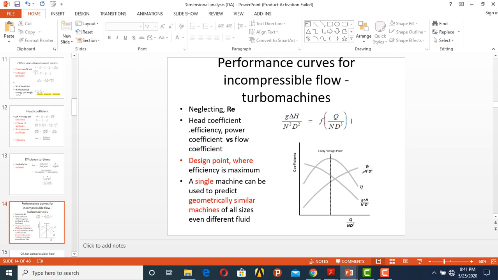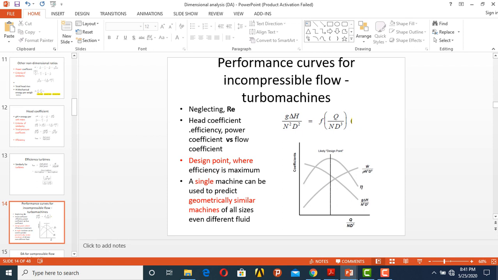But in this case, it is just the constants, which you can plot in a similar way as we used to plot head against the flow or power against the flow. These are design points for any machine. Any single machine can be designed.